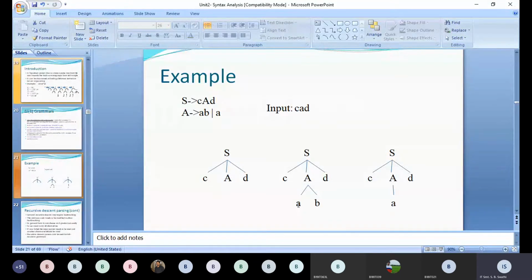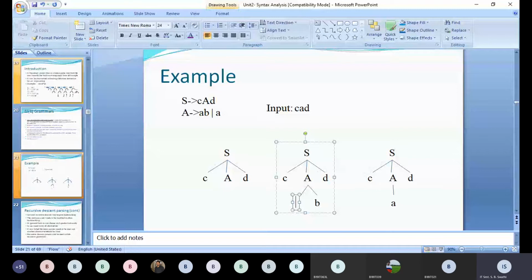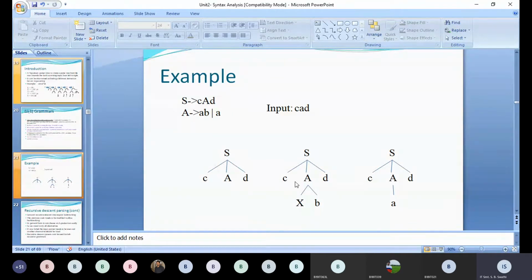A is replaced with some terminal values here, A, B. If we are able to replace A with terminals, then this will become the first. If A is replaced with some other non-terminal, like suppose capital X, that is not a terminal, it is a non-terminal, which means capital X can still be extended. Then this capital X is not the first of A. Only B will be the first of A. That means only terminal values will be the first of any non-terminal.